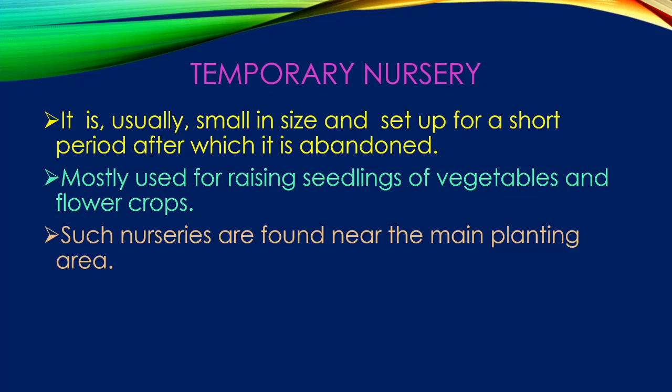So these temporary nurseries are sometimes called as flying nurseries. Temporary nurseries are used for raising seedlings of some cereal crops like paddy, vegetables, and also for some flower crops. These temporary nurseries are found near the main planting area. They are usually established very near to the main plantation area.